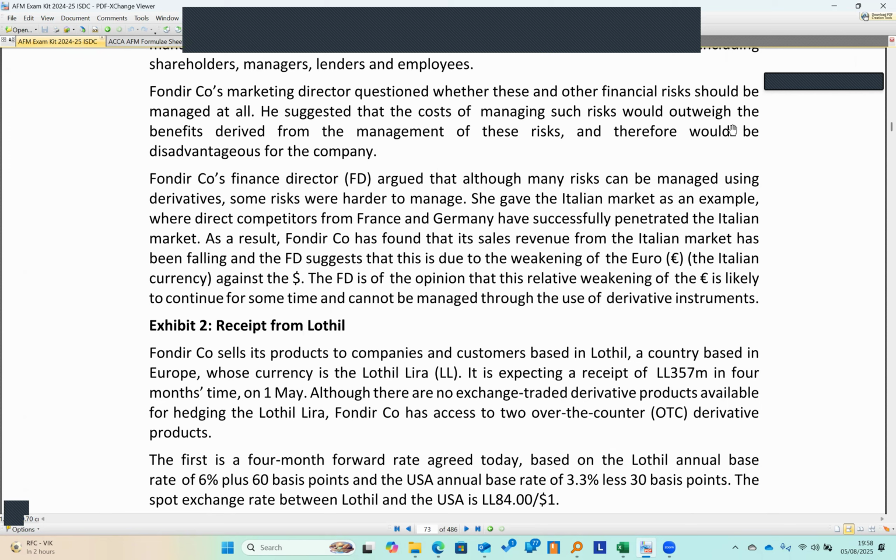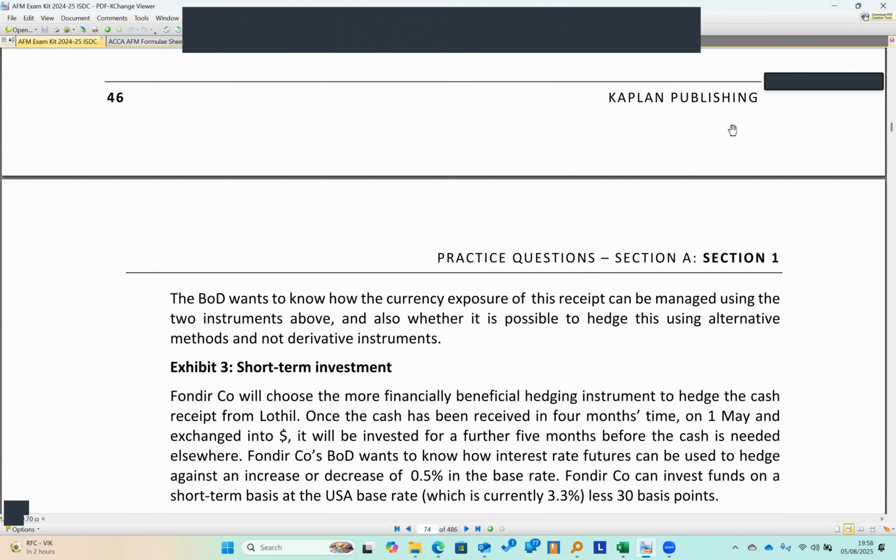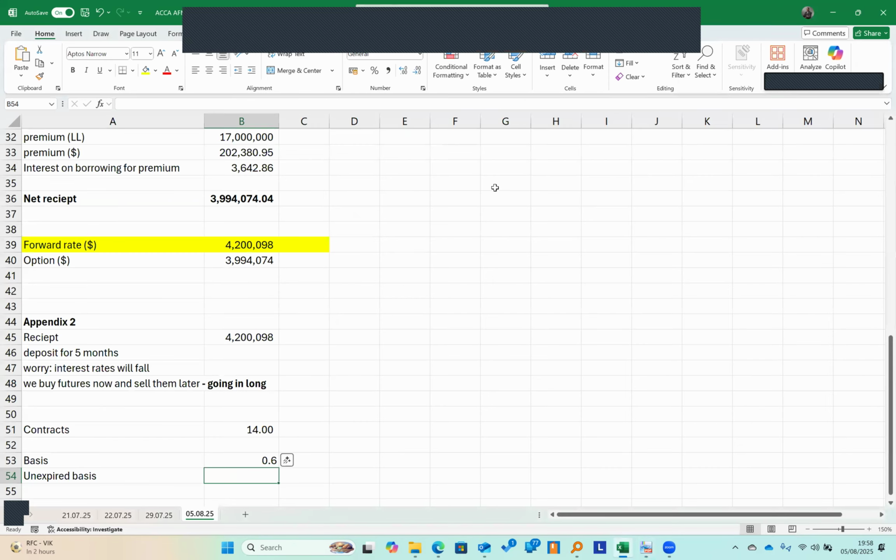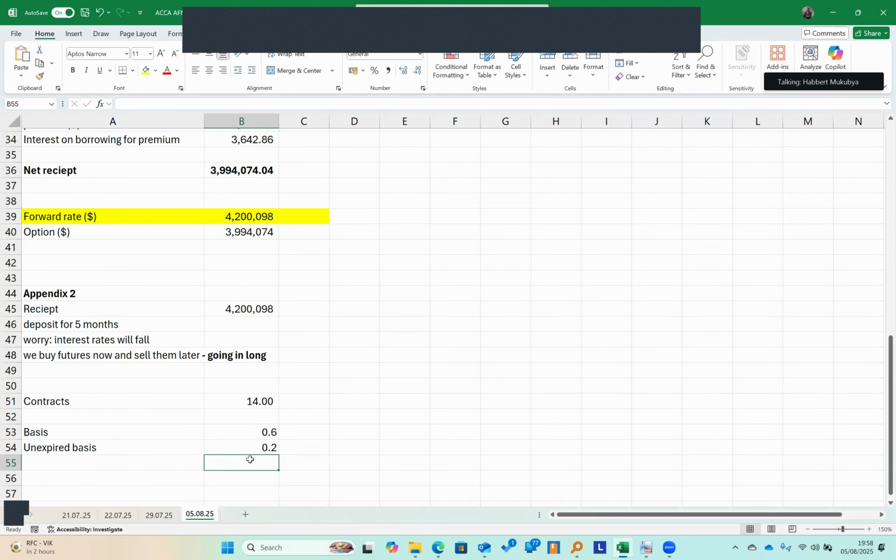So it means that for us to reach the June futures, those are 6 months. And when we reach 1st of May, we shall be left with how many months to finish June? May and June, so 2 months. So unexpired basis is basically 2 months out of the 6 months multiplied by this basis. That gives us 0.2.